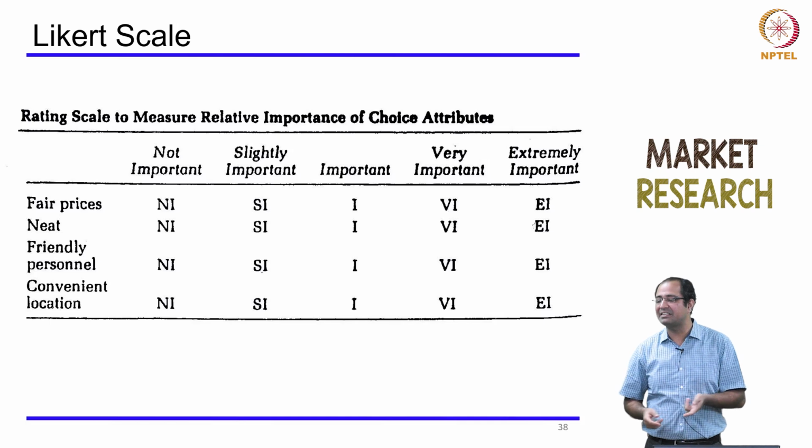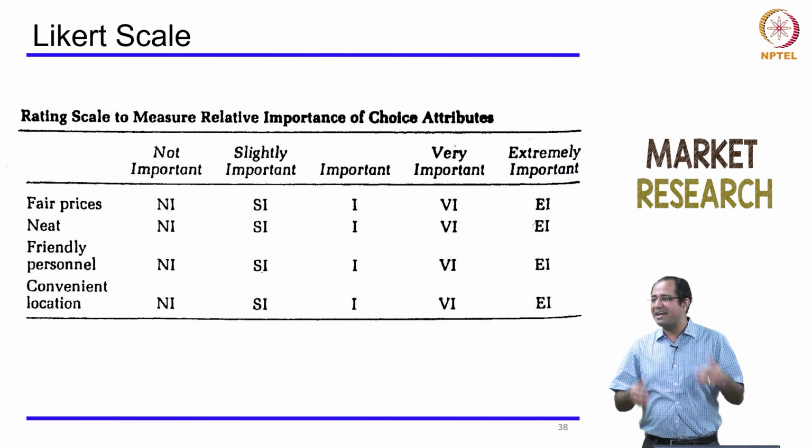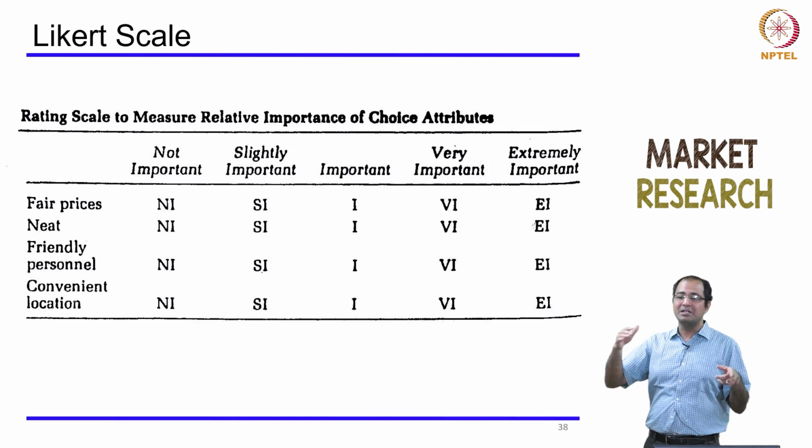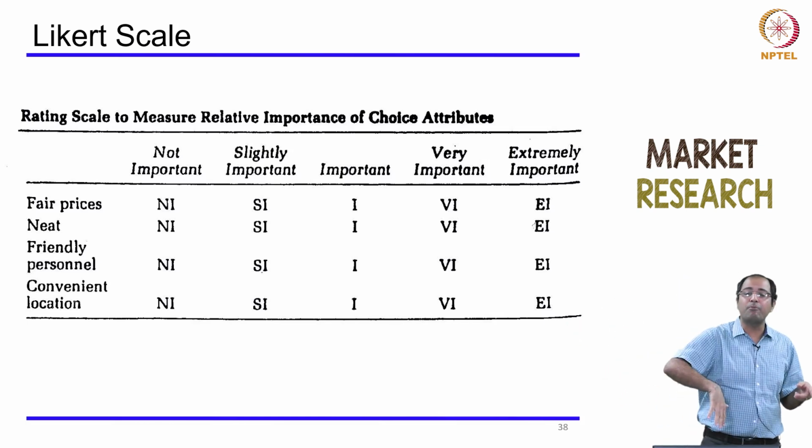This is different. It is comparing the choice attributes, but through rating, which means fair price, how important it is, neatness, how important it is. So you will have a score of 1 to 5. Something which has a score of 5 is more important than the other.